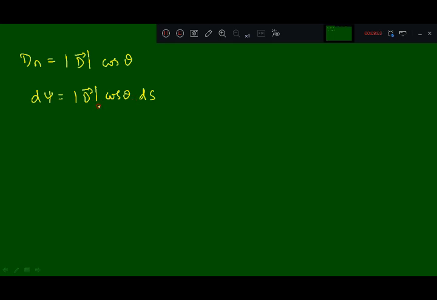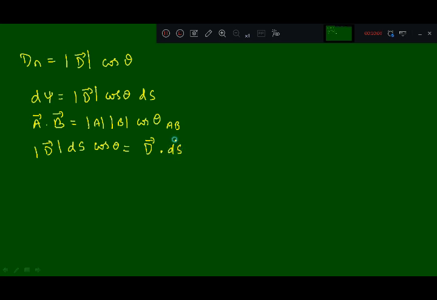From the basic definition of dot product, vector A dot vector B is nothing but the magnitude of A into the magnitude of B into cos theta between A and B. In the same way, comparing with the above equation, we can write D ds cos theta as the D vector dot product with the ds vector.